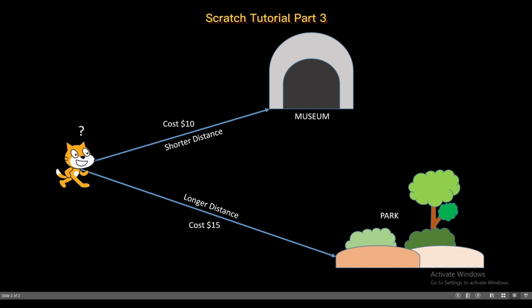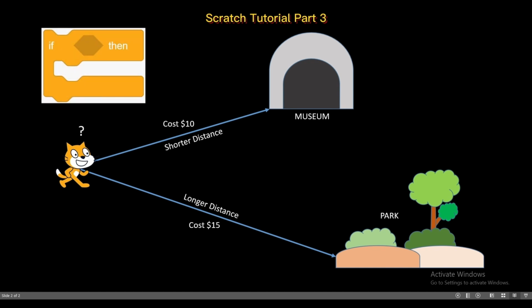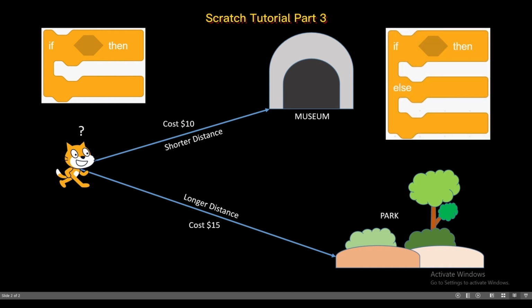In Scratch programming we have two kinds of block for this kind of situation: one with only an if-then condition, like if something happens then we do something, or an if-else conditional block, like if something happens we do something, otherwise we do something else.